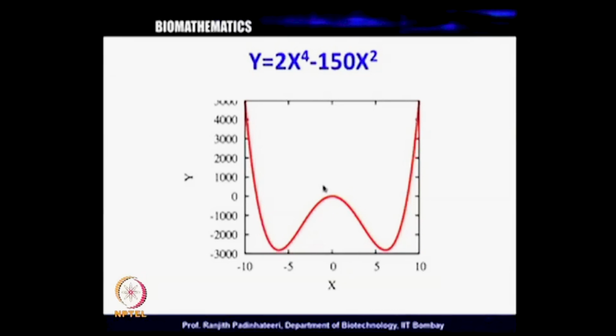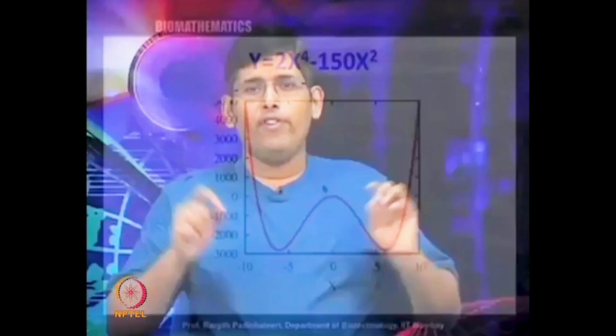This is the idea which I want to convey to you: if you find the derivative and equate this to 0, what you will get is basically the maximum or minimum point. The minimum of free energy has a meaning in biology. The minimum of energy is the equilibrium state.